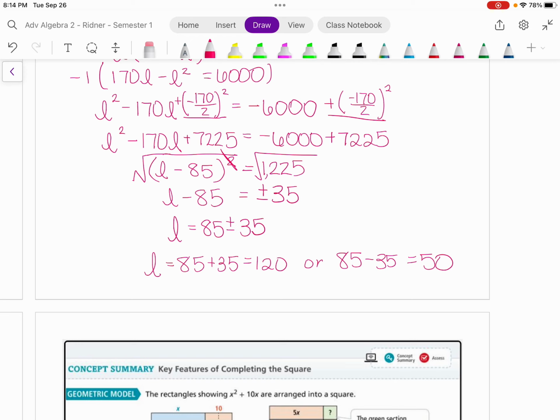So my length could be 120 or my length could be 50. And so what that really means is my two dimensions are 120 by 50 for my rectangle. So 120 by 50 would be my dimensions.